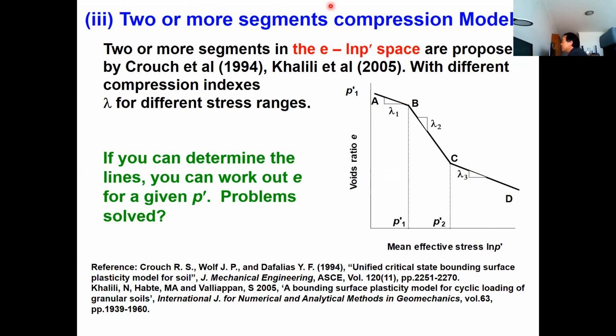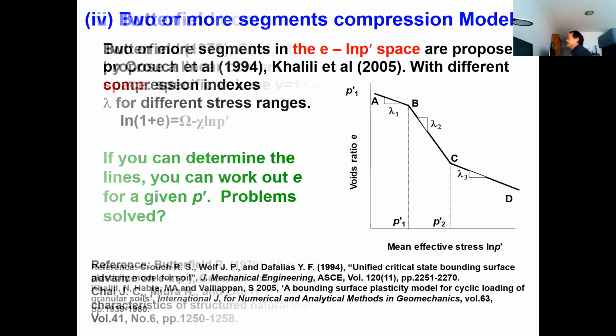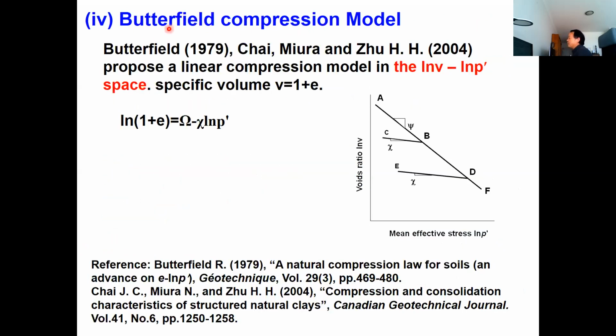Now, for each model or each development, I have given you the references. So if you want to go into detail, you can go to the relevant reference to do more studies. Okay, now another development is proposed by Butterfield. We call it Butterfield's compression model.